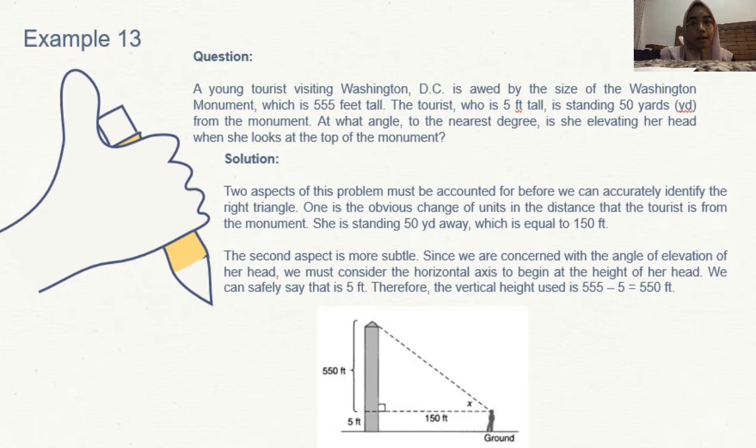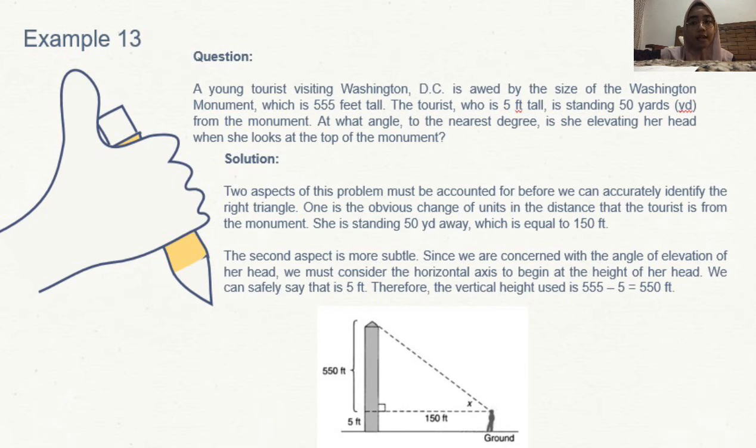At what angle to the nearest degree is she elevating her head when she looks at the top of the monument? Solution: two aspects of this problem must be accounted for before we can accurately identify the right triangle. One is the obvious change of unit in the distance that the tourist is from the monument.